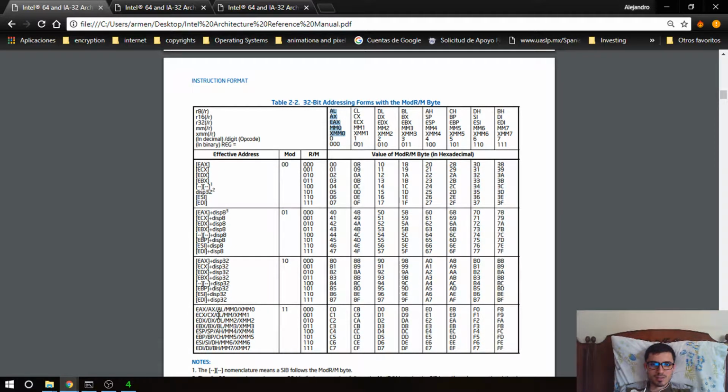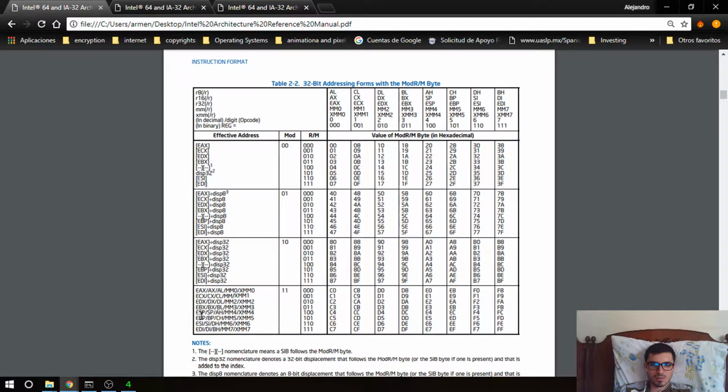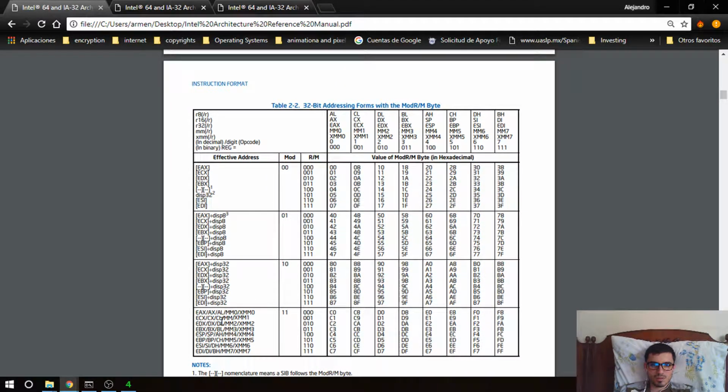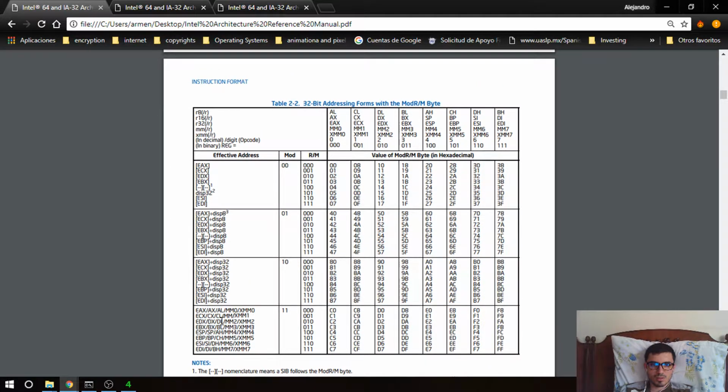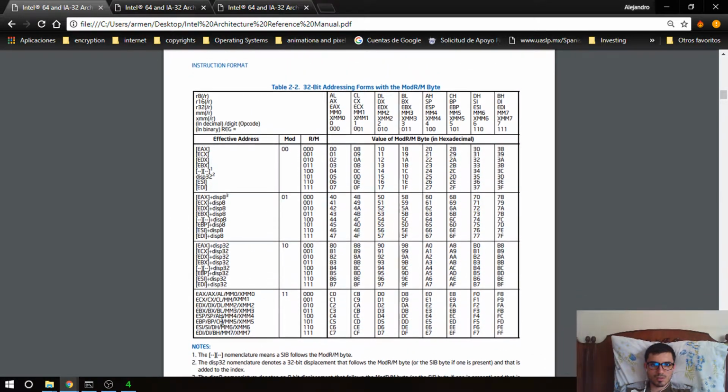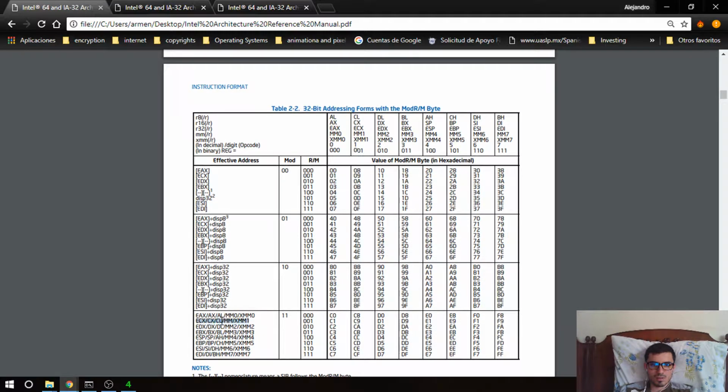Then ECX, CX, CL, MM1, XMM1 is the other part. EDX, DX, DL, MM2, XMM2, then EBX, BX, ESP, BP, ESI, EDI.